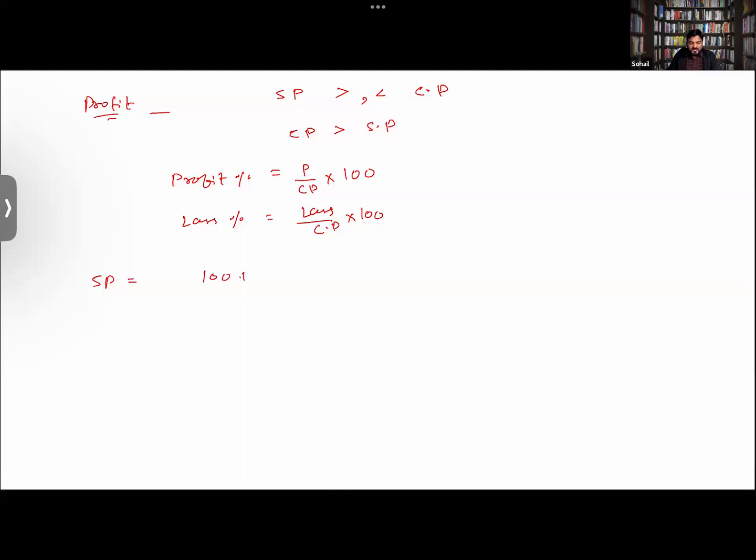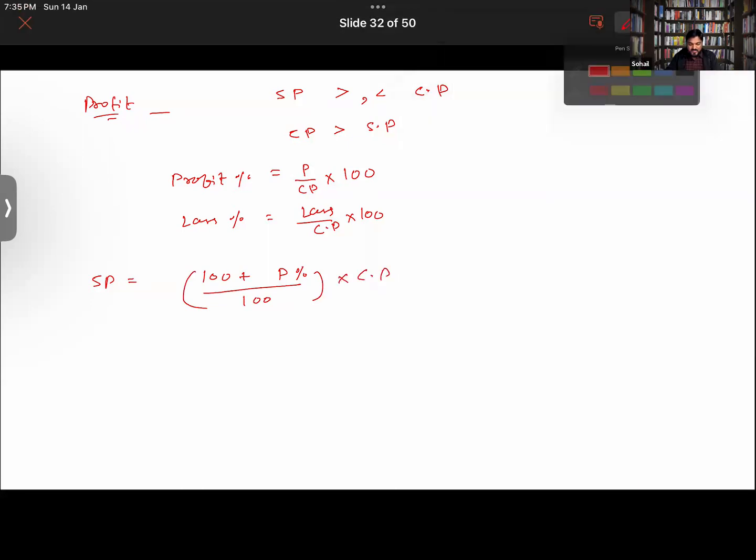That is 100 plus profit percent upon 100 times cost price. Will you please repeat that again? So 100 plus profit percent or loss percent upon 100 into cost price.